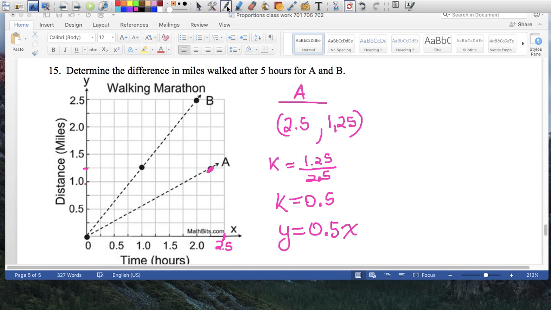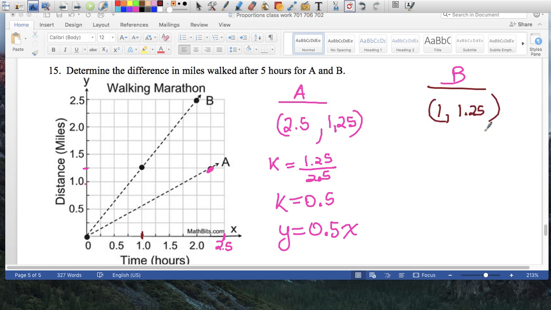Keep that in mind for a second. Let's look at person B, who is even easier. When x is 1, when he runs for 1 hour, how far did he go? He went 1.25 miles.